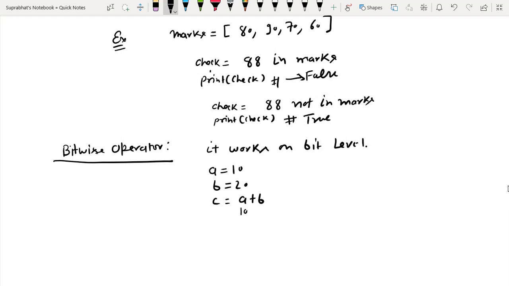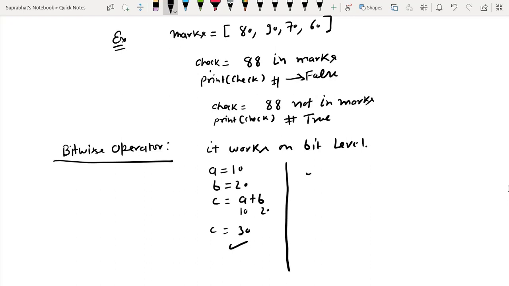A is 10, b is 20, then the final output is 30. But if I am using a bitwise operator, the calculation is done at bit level. So first of all, we will understand how many bitwise operators we use.